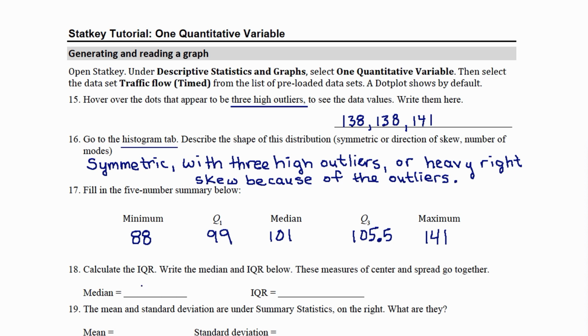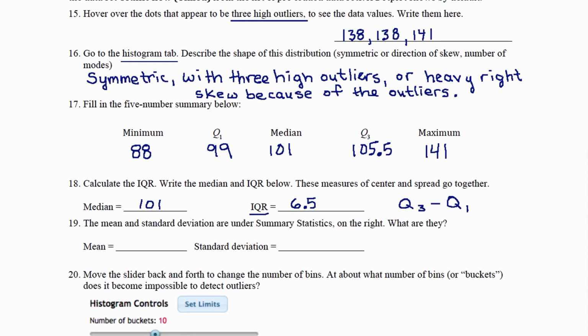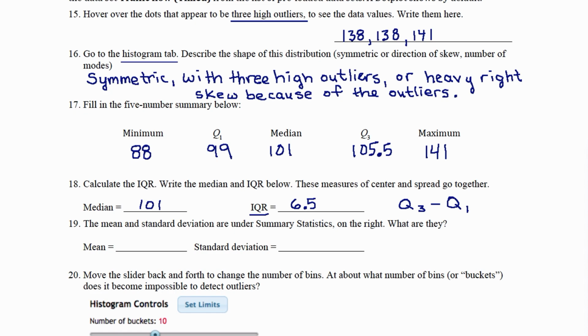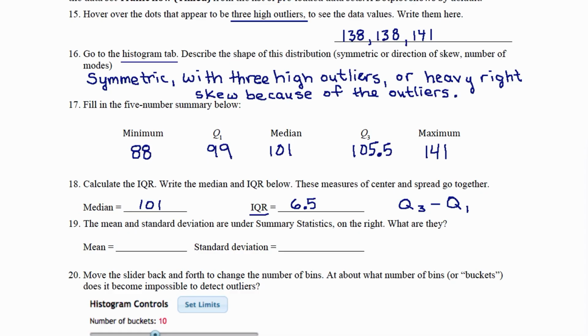The median is 101, and the interquartile range, IQR, remember this is Q3 minus Q1, so that's my 105.5 minus my 99, which gets me 6.5. And we can also look up the mean and standard deviation under the summary statistics. Looks like my mean is 105 and my standard deviation is 14.056.